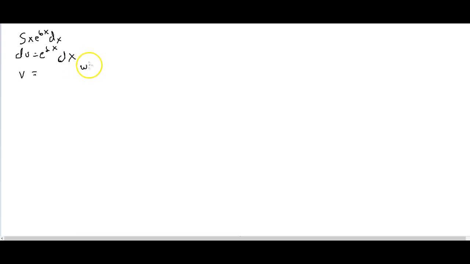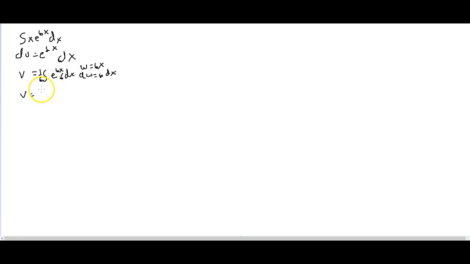I'm going to go w substitution equals 6x. So dw equals 6 dx, right? And so I end up with, I need a 6, so I go e to the 6x dx. I need a 1/6 out in front and a 6 right here, which I've now made.